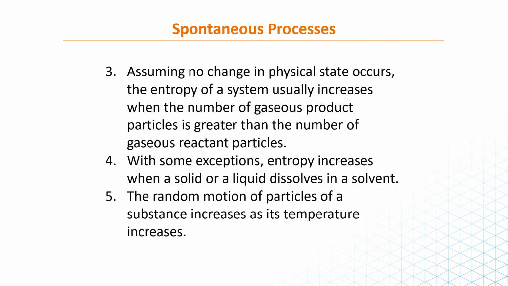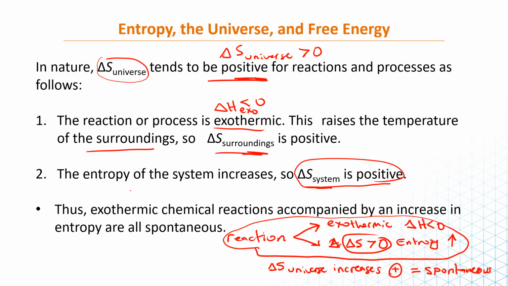So using the second law of thermodynamics, if a reaction is exothermic and the entropy of the system increases, then the delta S universe increases, and that means it's spontaneous using the second law of thermodynamics. But how can we know this?